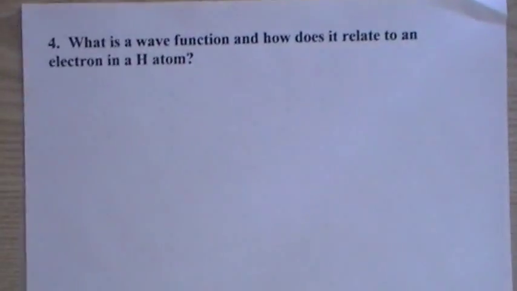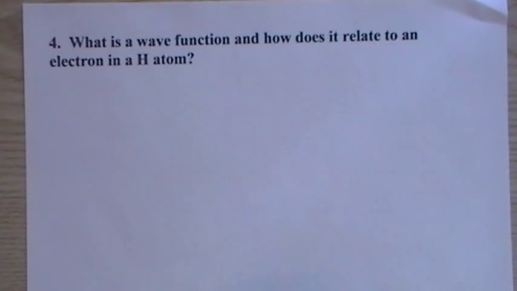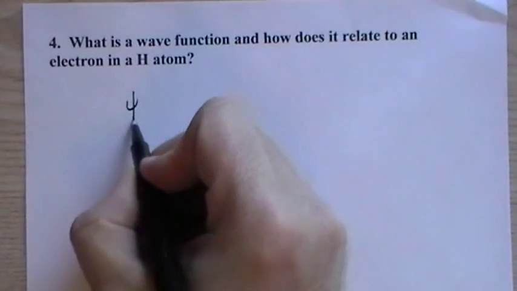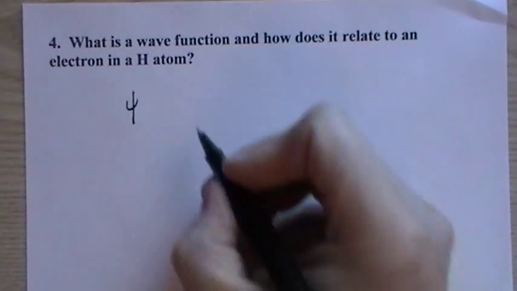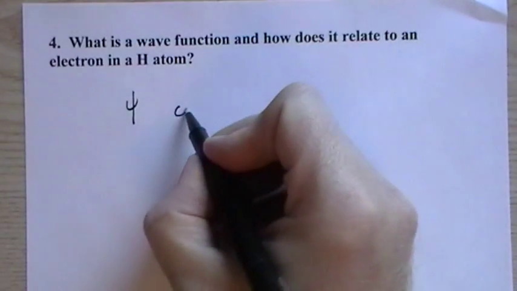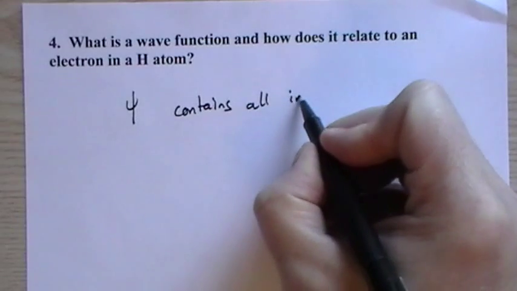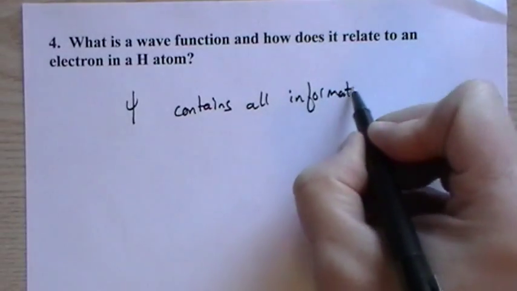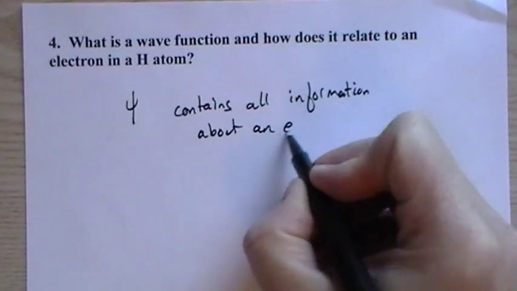And then we have what is a wave function and how does it relate to an electron in a hydrogen atom. So we usually give it the Greek symbol psi, and this psi contains all information about an electron.